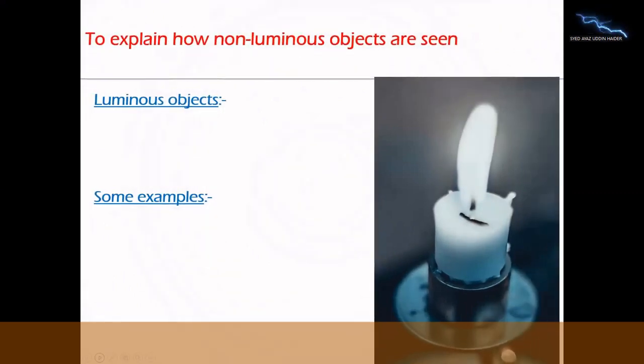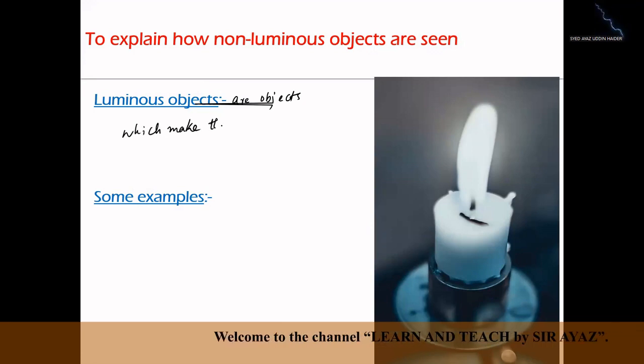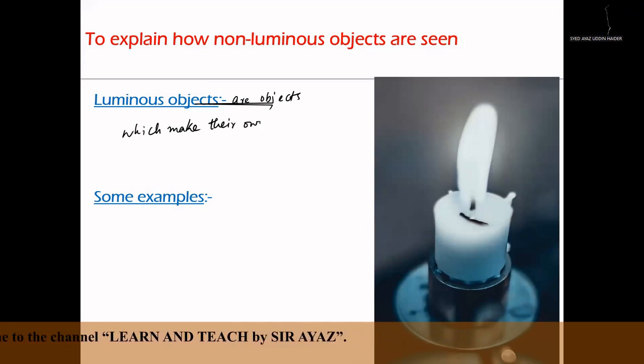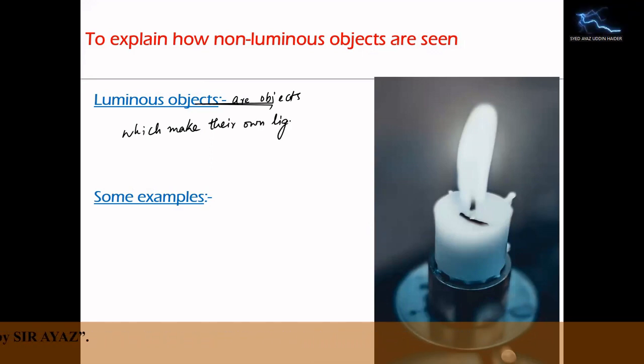Objects which make or give out their own light are known as luminous objects. Luminous objects are objects which make their own light.